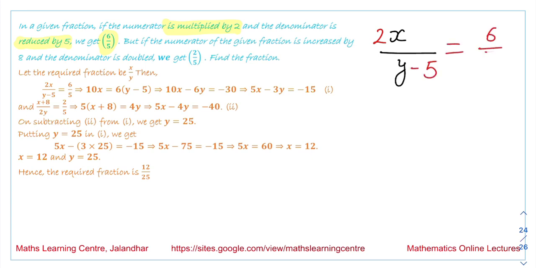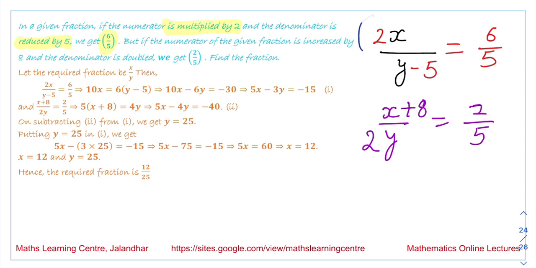The fraction becomes 6 by 5. Next, again the fraction is x by y. It is given that if the numerator of the fraction is increased by 8 and the denominator is doubled, then the fraction becomes 2 by 5.